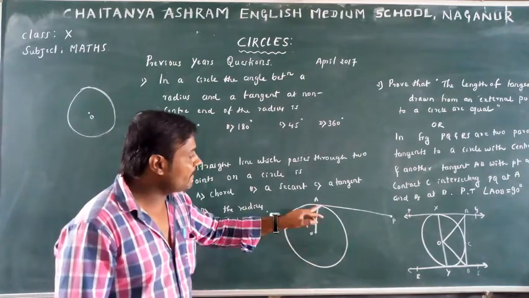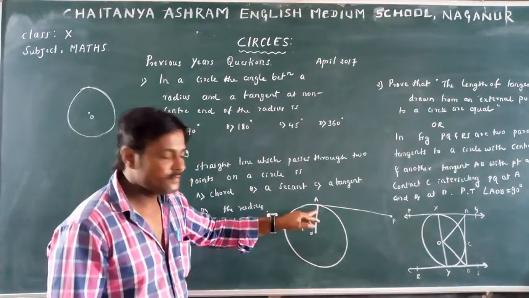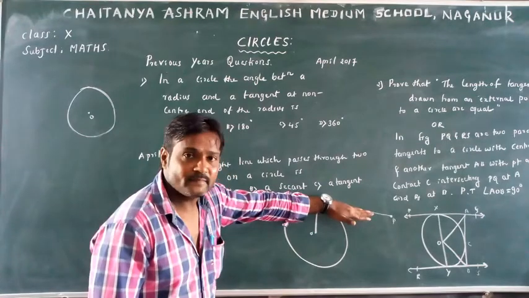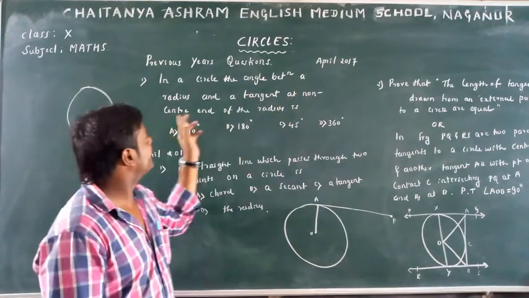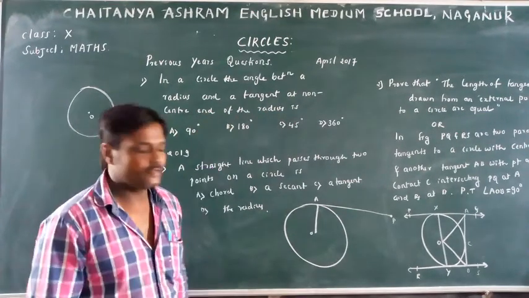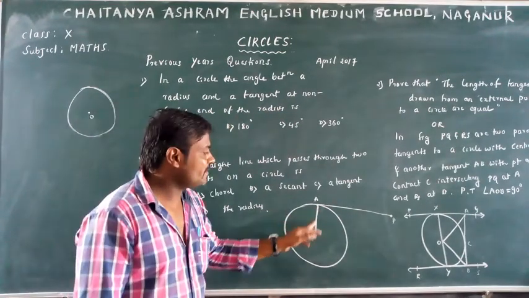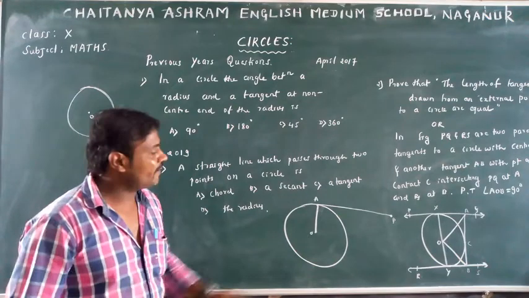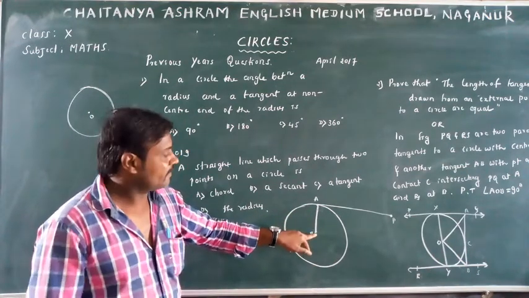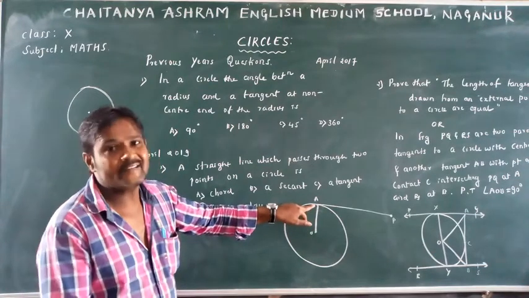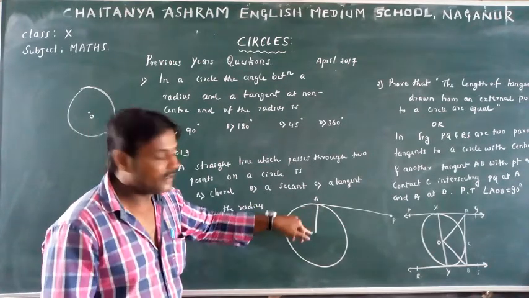So angle between the radius and tangent at non-center end of the radius. So which is the non-center end of the radius? This is center end of the radius. This is the non-center end of the radius.